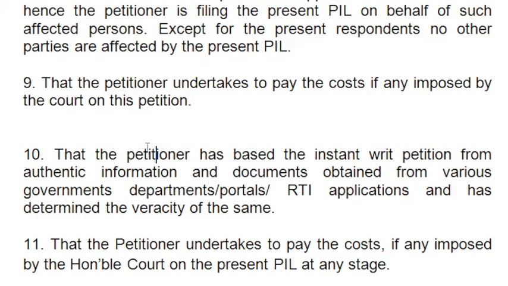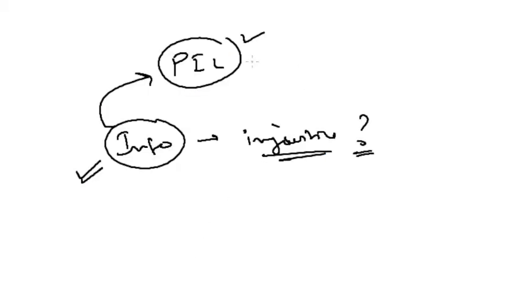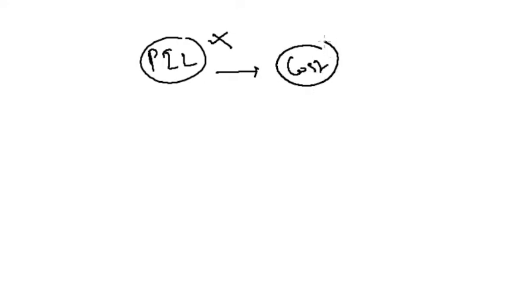Because sometimes what happens is the PIL gets rejected, and when a PIL is rejected, the court puts costs on the petitioners. So when a PIL is rejected or not accepted, the court imposes costs, and that cost must be paid by the petitioner.